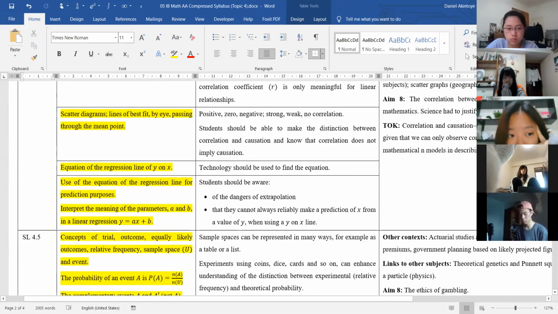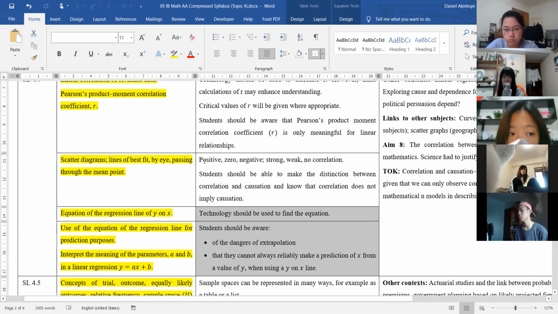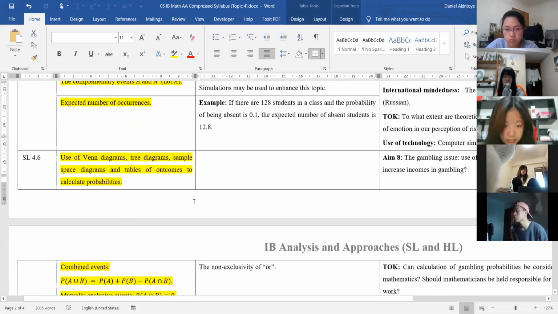You should be aware of the danger of extrapolation, that it is not fully reliable, and that they cannot always rely on making a prediction of X from Y using Y on X. Technology should be used to find the equation, so you are not expected to know all the old stuff. And for positive, negative, strong, weak, no correlation, you should be able to distinguish between them, and causation as well. I think all this we have covered.